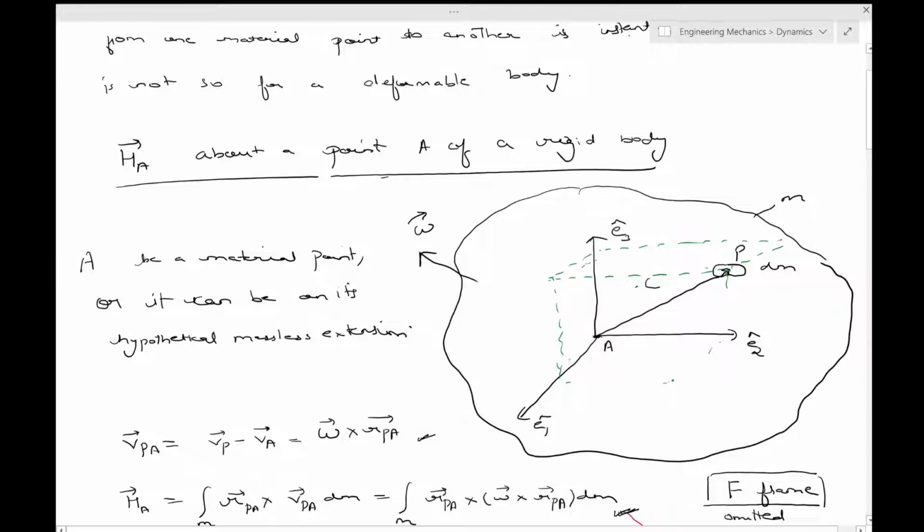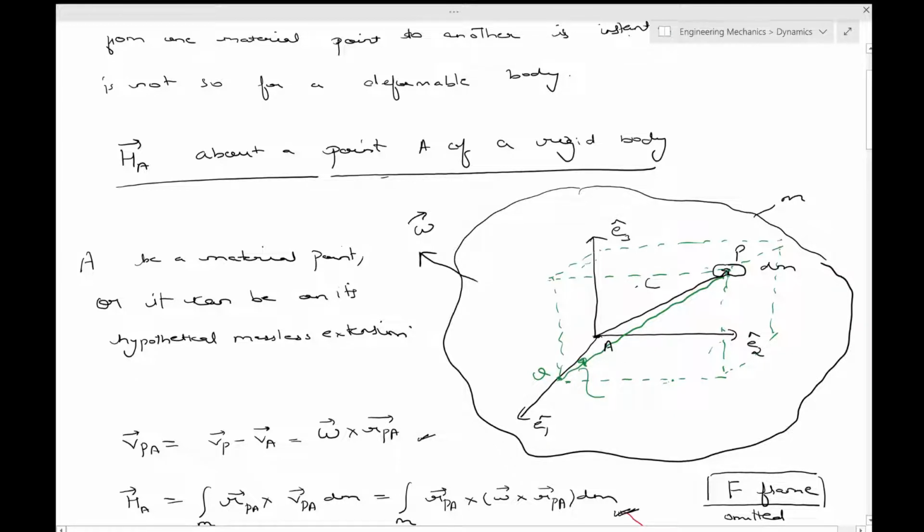Let's have this point as say q. This particular distance from q to p is clearly perpendicular to this axis.